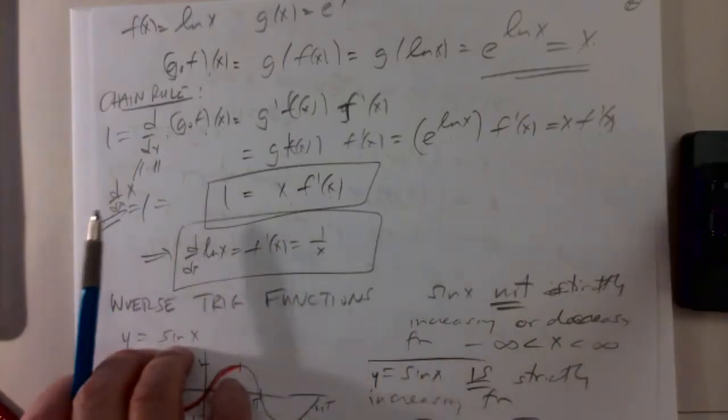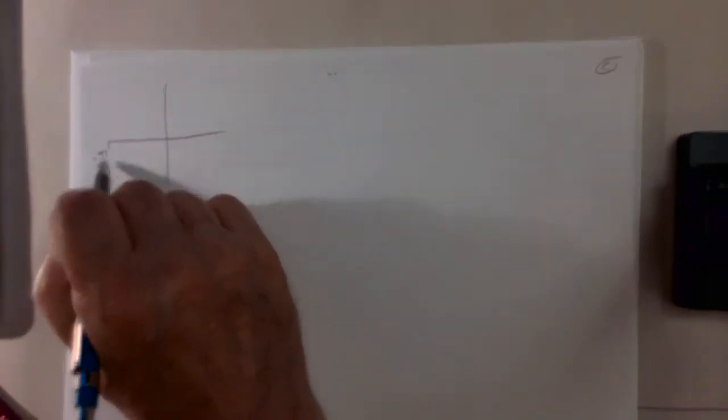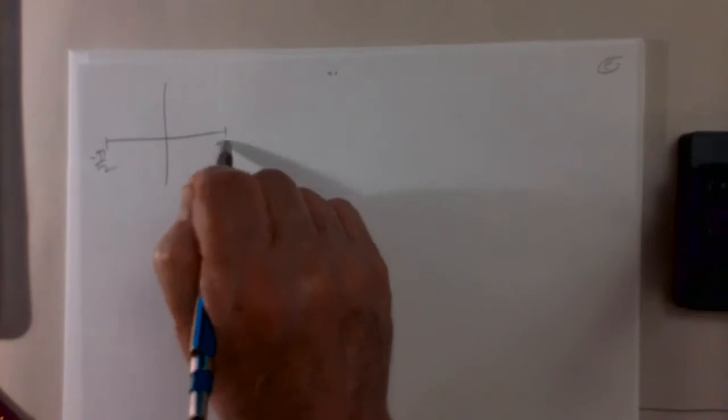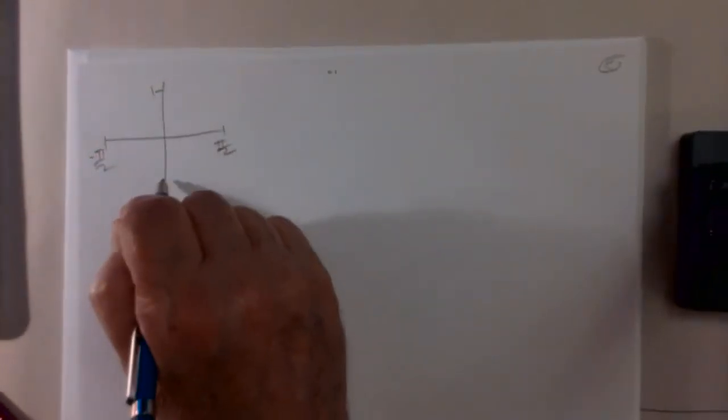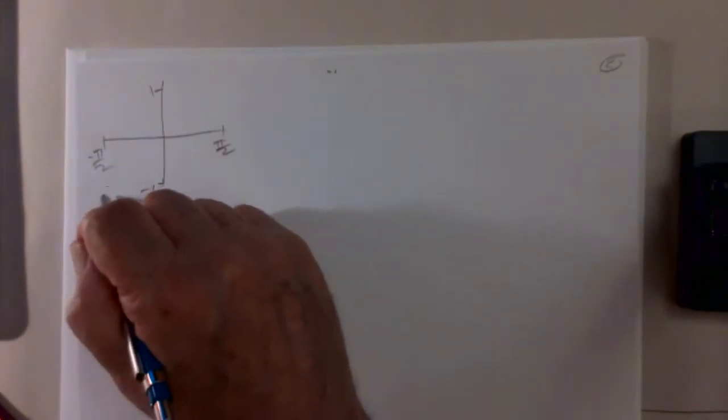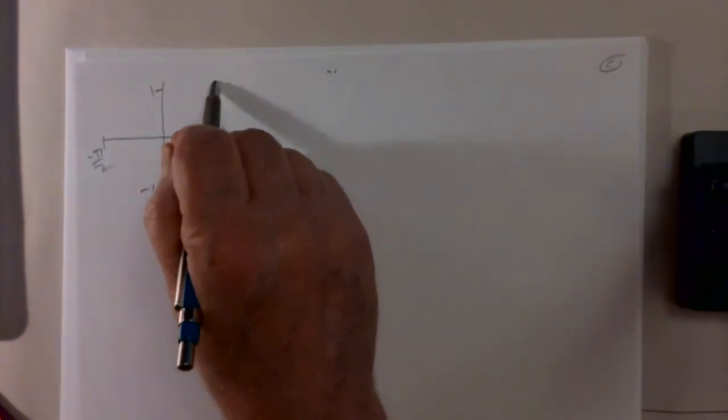All right. So let's look again at the graph of the sine just from minus pi over 2 to plus pi over 2. It looks like this.